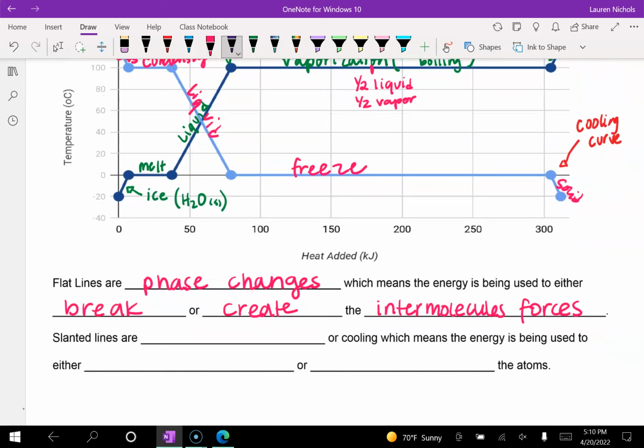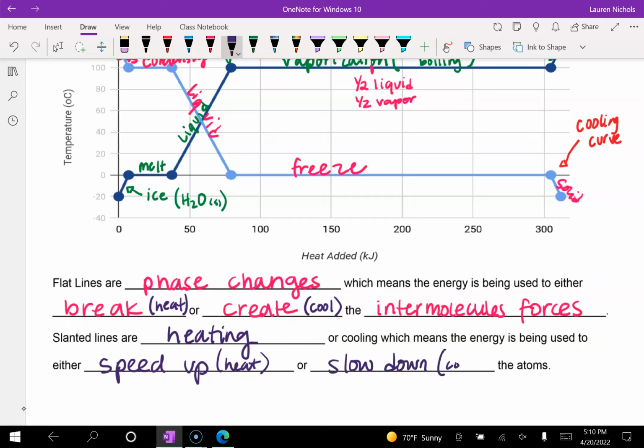Now, when you're heating up, you're going to be breaking the forces, and when you're cooling down, you're going to be creating those forces. The slanted lines are when you have heating or cooling going on, and that means the energy is being used to either speed up when it's heating or slow down when it's cooling the atoms.